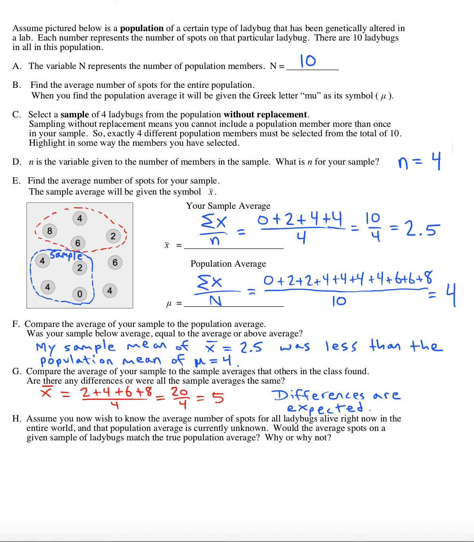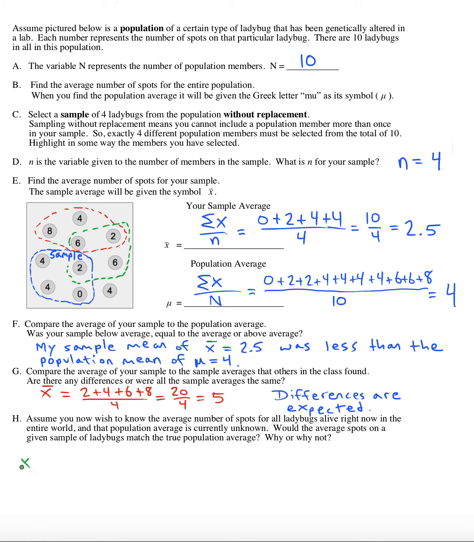Is it possible to get a sample mean of exactly 4, which would match the population mean? It is actually possible. And there's a number of different combinations that would result in that. Even if we just took these 6, 2, 2, and 6.